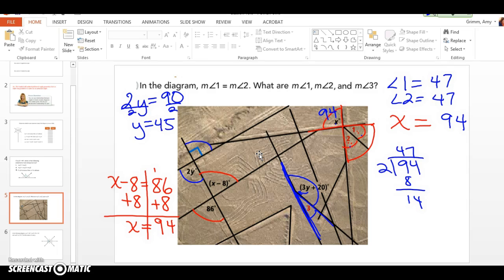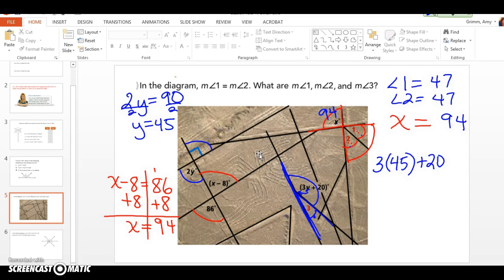Okay, now what do you think? Are you plugging in the y right here? Okay, so 3 times 45, because that's what y is, plus 20. What else do I need? Do I know what angle 3 is? No, I don't know it, so I'm going to put an unknown.